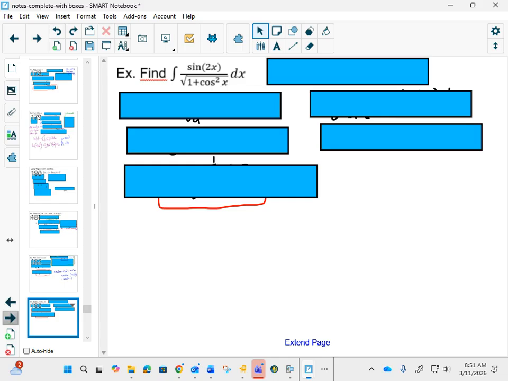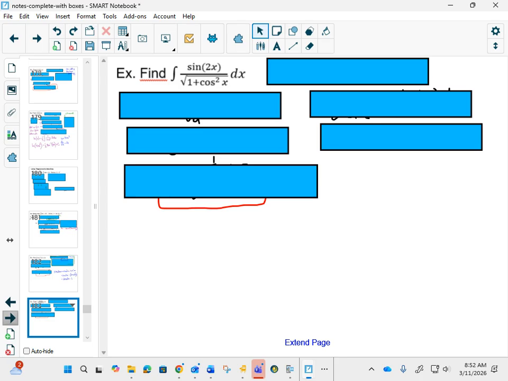I have a sine 2x and a 1 plus cos squared x inside of a square root. Now, I'll logically go through what our brains should see in this question.